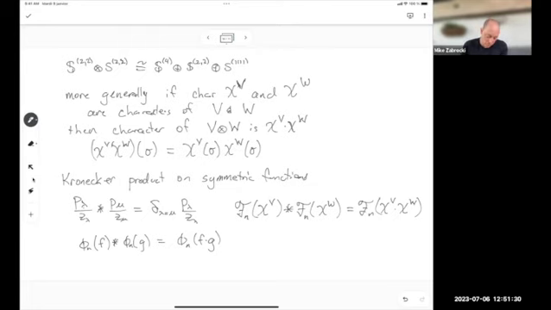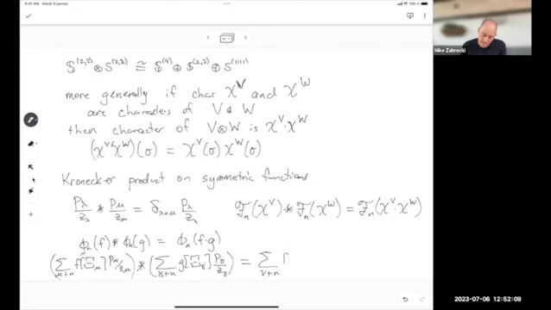Let's do the calculation. It's the sum over mu partitions of n of f mu p mu over z mu, Kronecker product the sum over gamma partitions of n of g gamma p gamma over z gamma, and this is going to be the sum over nu partitions of n of f nu g nu p nu over z nu.